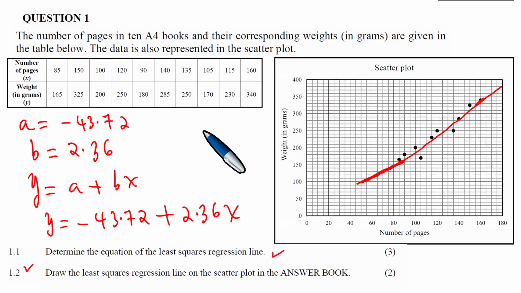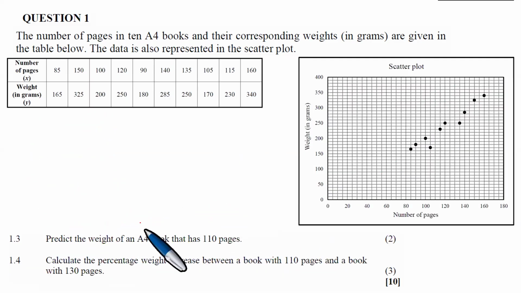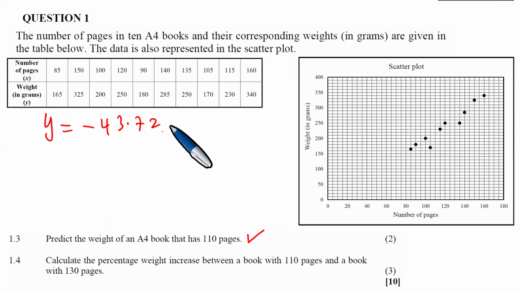Next, we look at 1.3. Predict the weight of an A4 book that has 110 pages. You already know that y is minus 43.72 plus 2.36x.